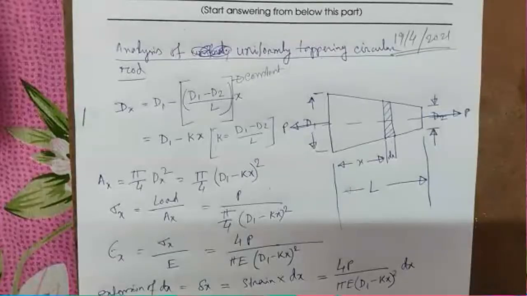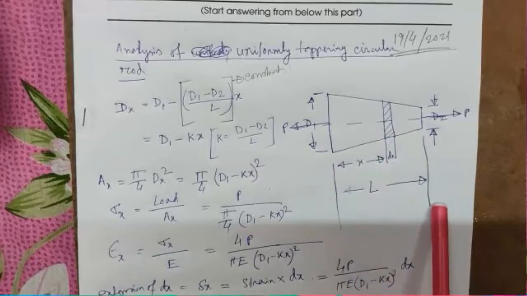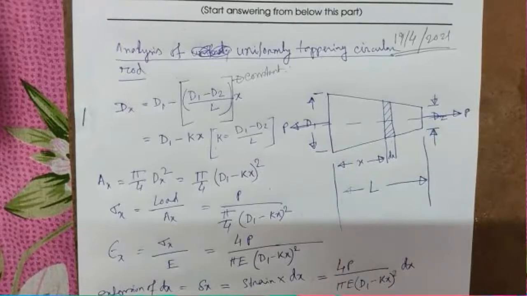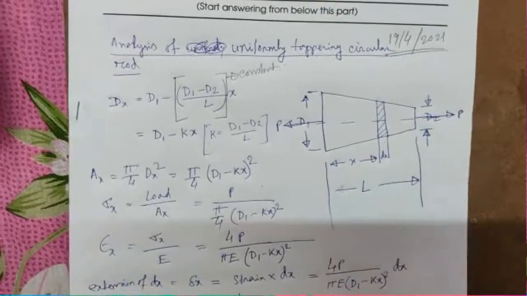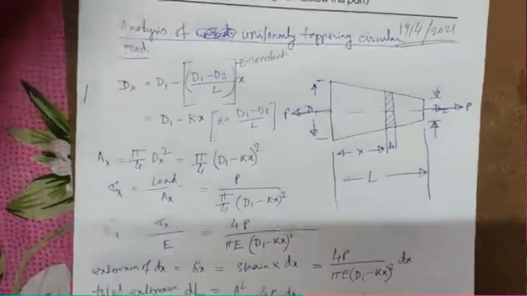Find out the elongation of a uniformly reducing rectangular bar of length L. It is a similar problem, just having a rectangular cross section. In any book you will find that, but you try to do it yourself. We will go to the next topic.